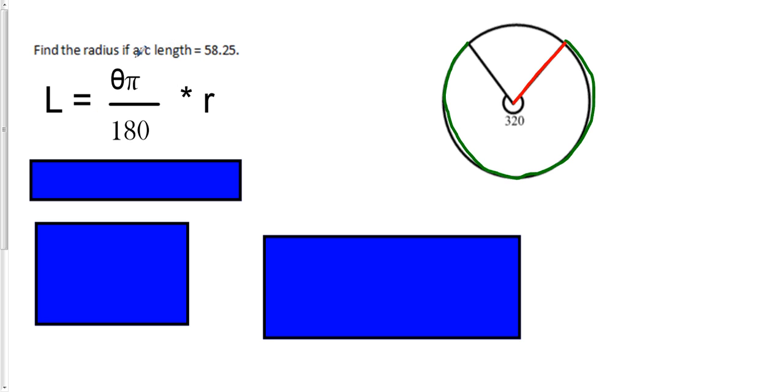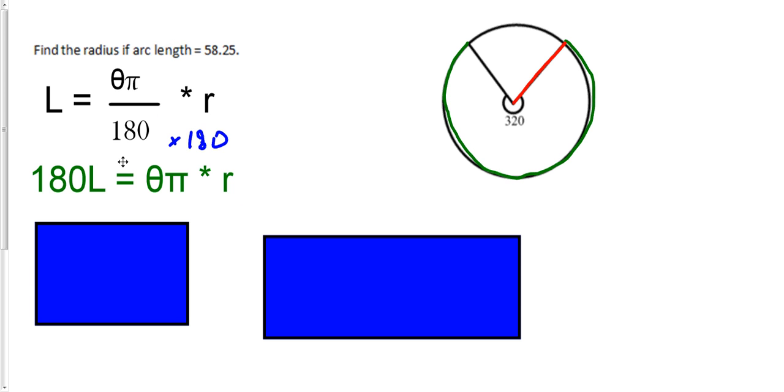From here, we can simplify this equation a little bit more. We can multiply both sides by 180, and that would help us get rid of this piece here. So what would our equation say then? We'd have 180 times the arc length, L, equals theta times pi times the radius. So that simplified it a little bit for us. From here, we can divide by theta times pi.